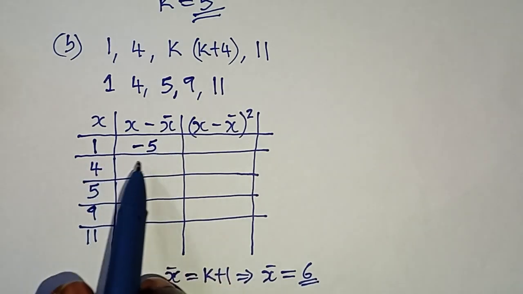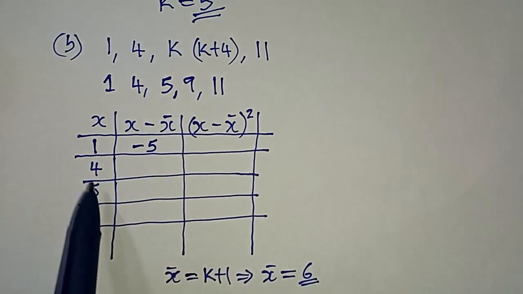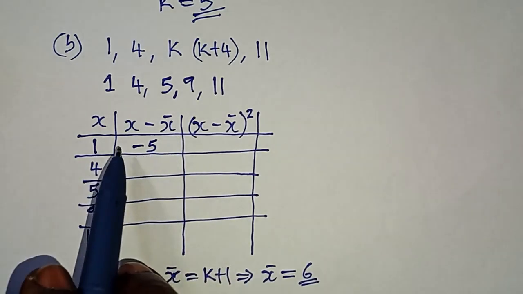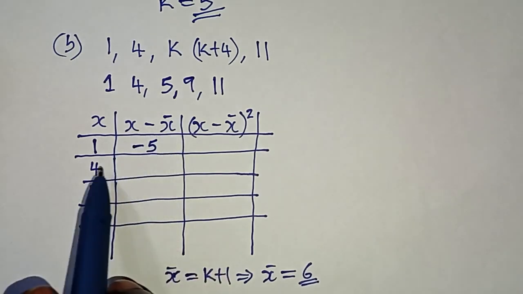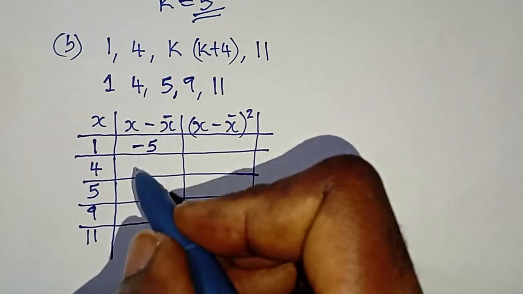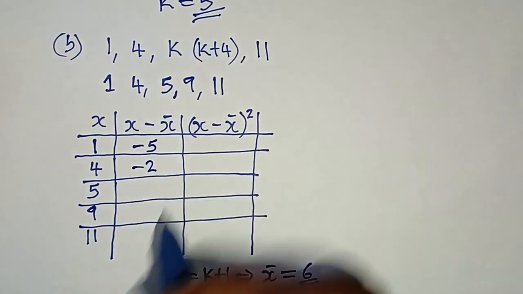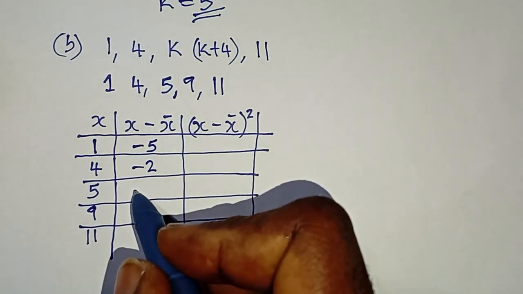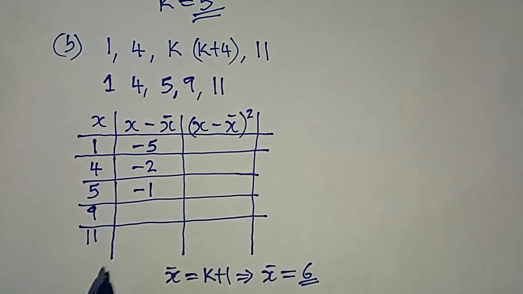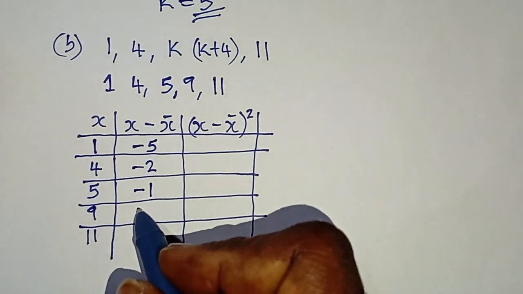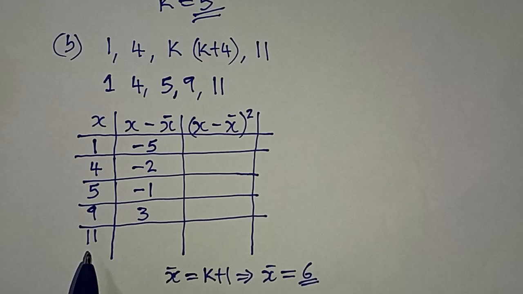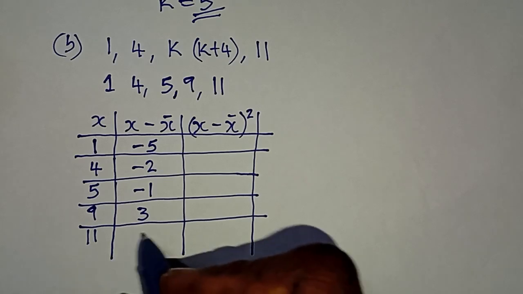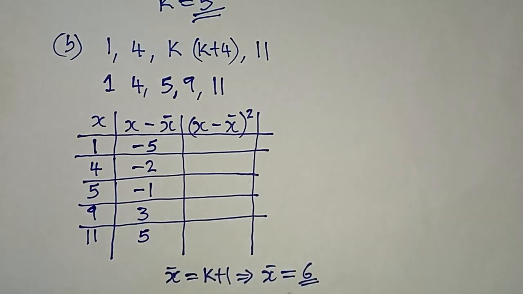So 1 minus 6 is negative 5. And then the next number is 4. 4 minus 6 is negative 2. And then the next one is 5. 5 minus 6 is negative 1. And then the next one is 9. 9 minus 6 is 3. And then the last one is 11. 11 minus 6 is 5.